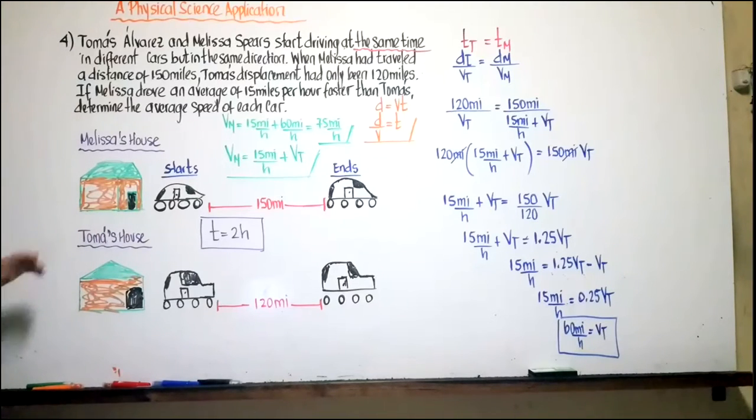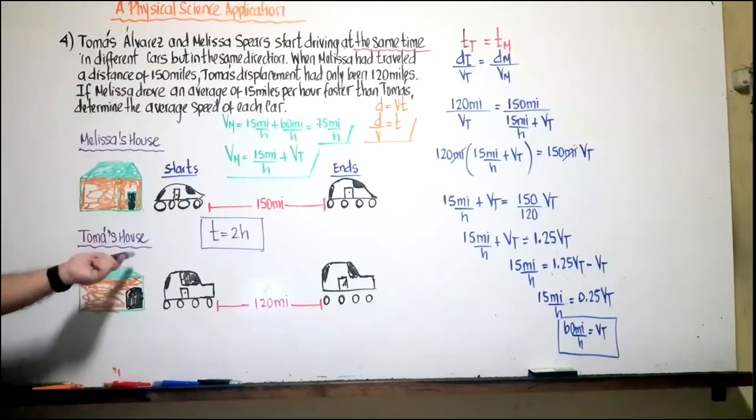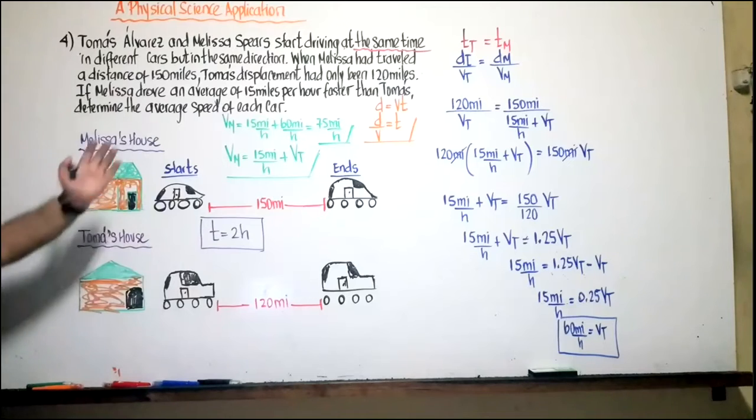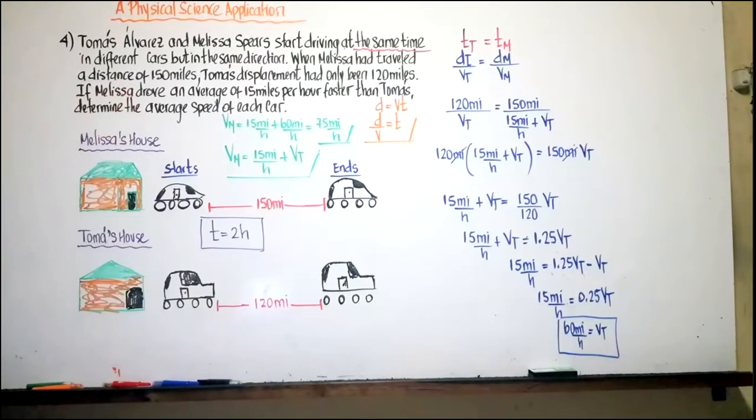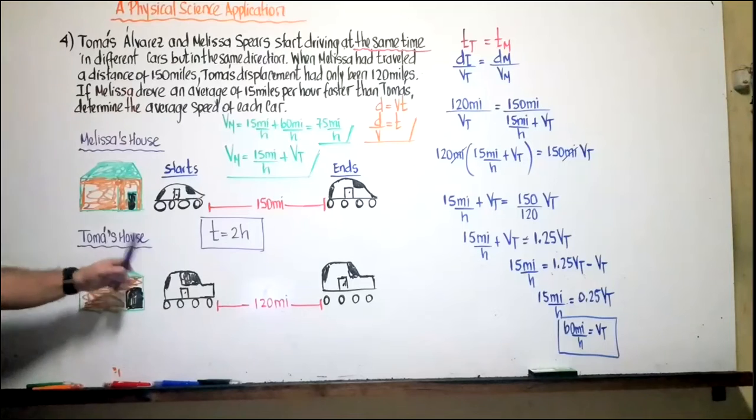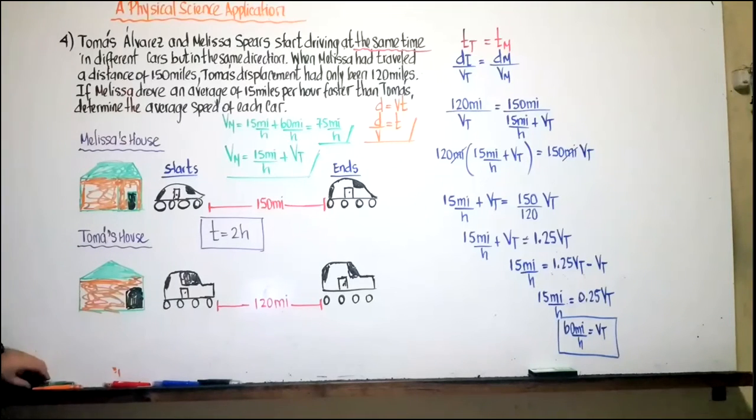Meanwhile, Thomas's displacement was around 120 miles. The time to the final destination was also 2 hours because they started at the same time. However, the average speed of Thomas's car was only 60 miles per hour.